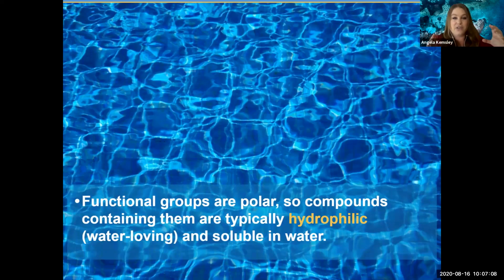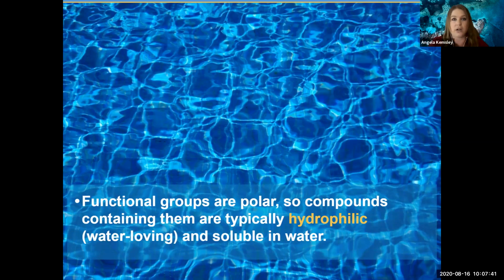Now, I mentioned that these first 5 groups, referred to as the functional groups, are grouped together because they share some similarities. One of those similarities is that all of our 5 functional groups are polar. If you remember from last week, we talked about how those bigger atoms are stronger, so they can pull electrons closer to them, which means the electrons, which are negatively charged, are not equally distributed throughout the compound.